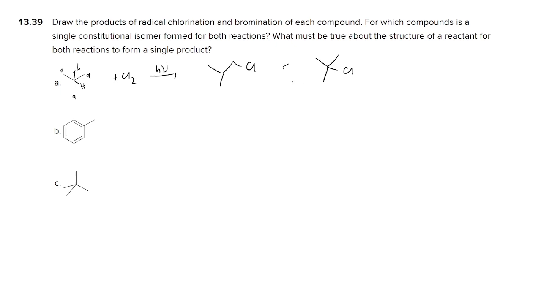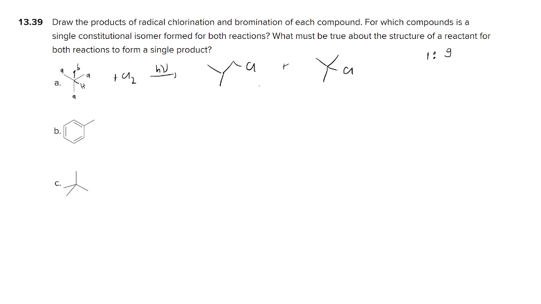So as you remember from the lecture, chlorination is not selective. So basically, if we have different types of hydrogens, all hydrogens can be chlorinated potentially. But statistically, we have one tertiary hydrogen and we have 9 primary hydrogens.